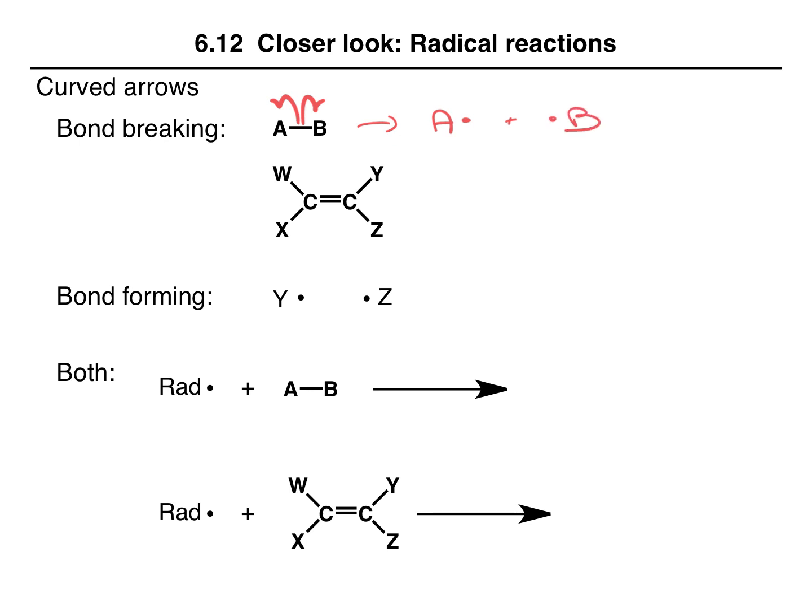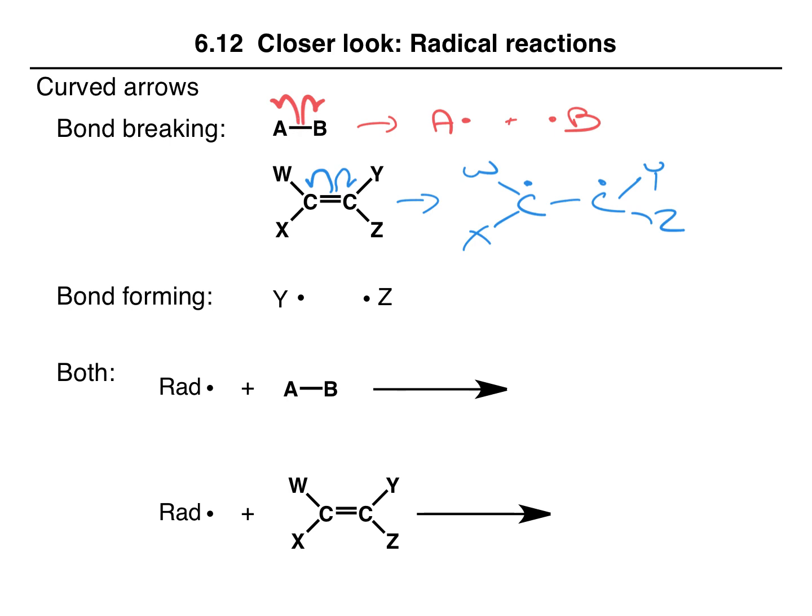Another possibility is that a pi bond could break, and this pi bond, one electron would end up on the carbon and the other electron ends up on the other carbon. So our sigma bond is intact, but our pi bond is broken, for example.